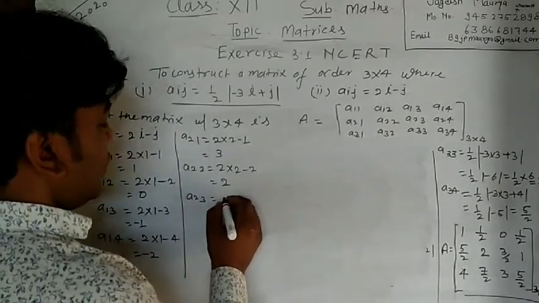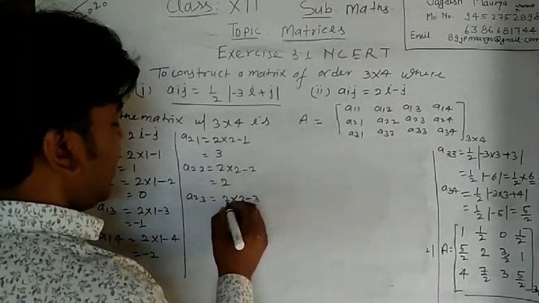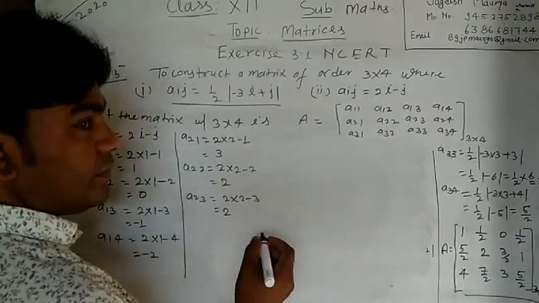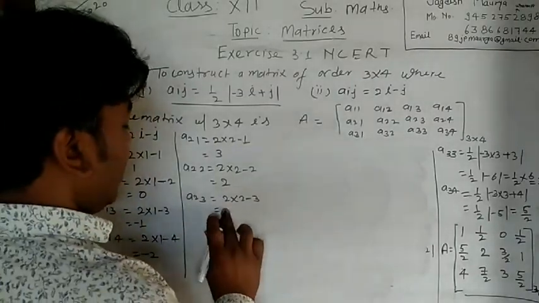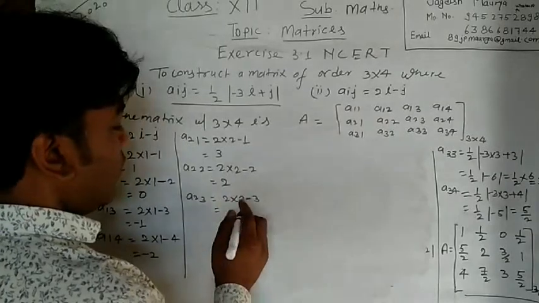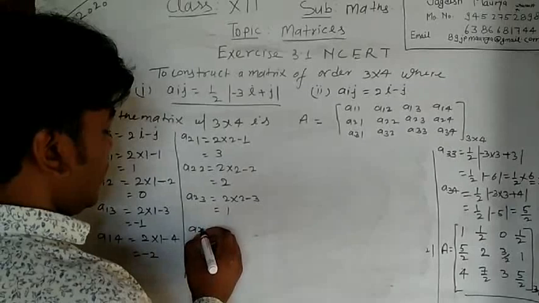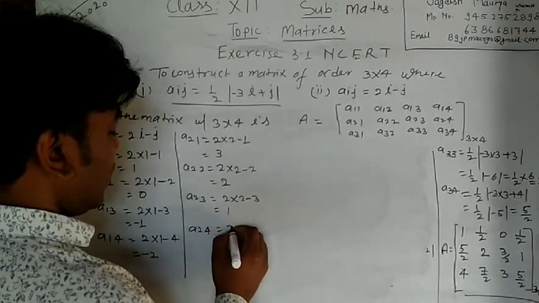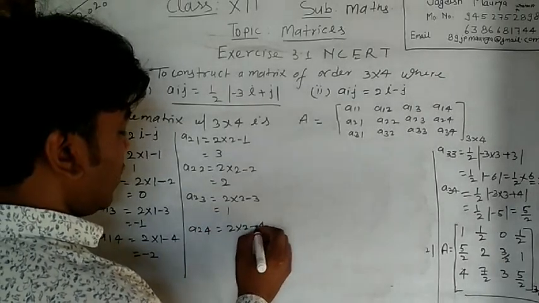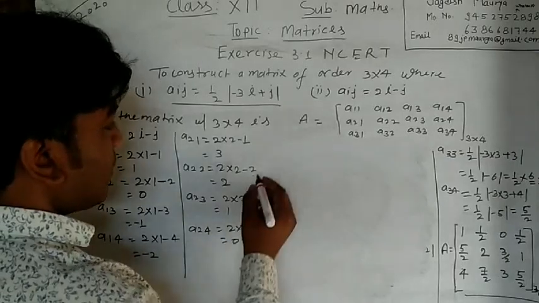A23: 2 into 2 minus 3, 4 minus 3 is 1. A24: 2 into 2 minus 4. This will come 0.